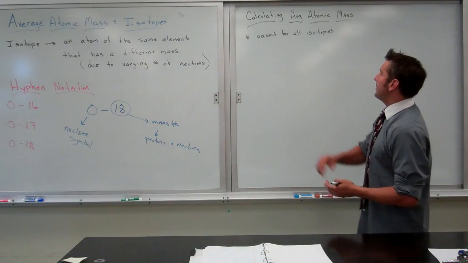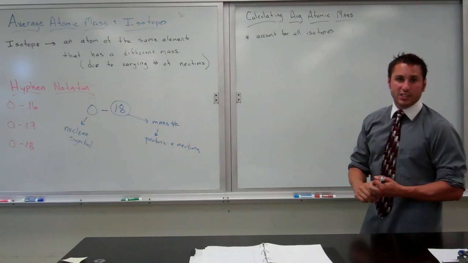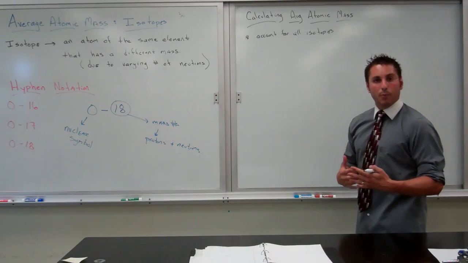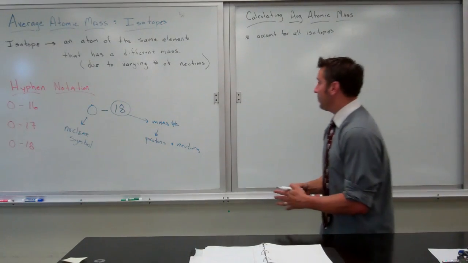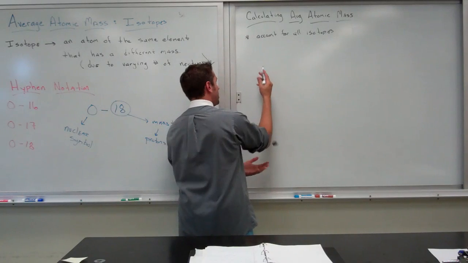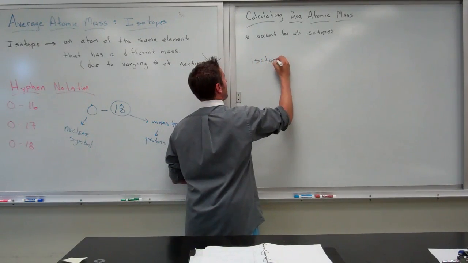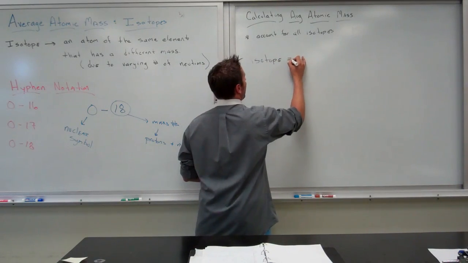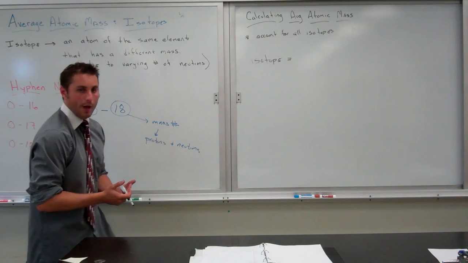So what has to happen is we not only have to account for the fact that there are multiple isotopes, we also have to reflect the number on the table to the percentage of that isotope in the world. So what happens is we do this. We take each isotope and we want to figure out how much that isotope contributes to the atomic mass.